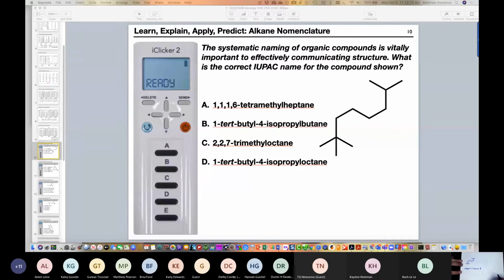So we say 8. So remember what the alkane name for an 8 carbon chain is. Type that in the chat box. You have 8 carbons. What's the alkane name? So it's octane.